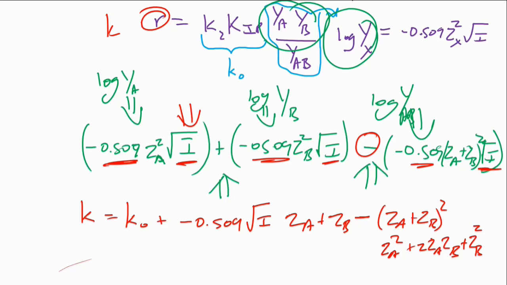Okay? There's a minus sign outside. And we have ZA outside plus ZB. Alright, and I'm just going to put in the rest of the expression so we don't get confused. 0.509 plus K naught.